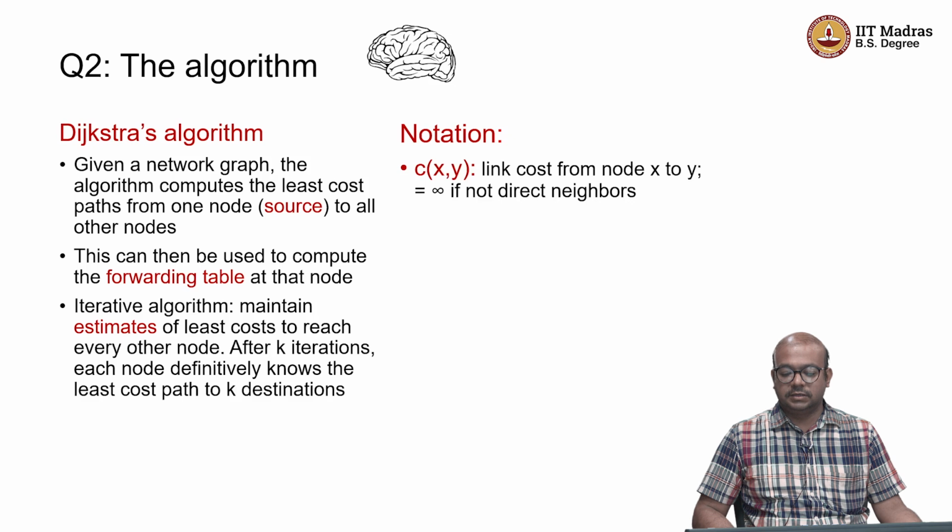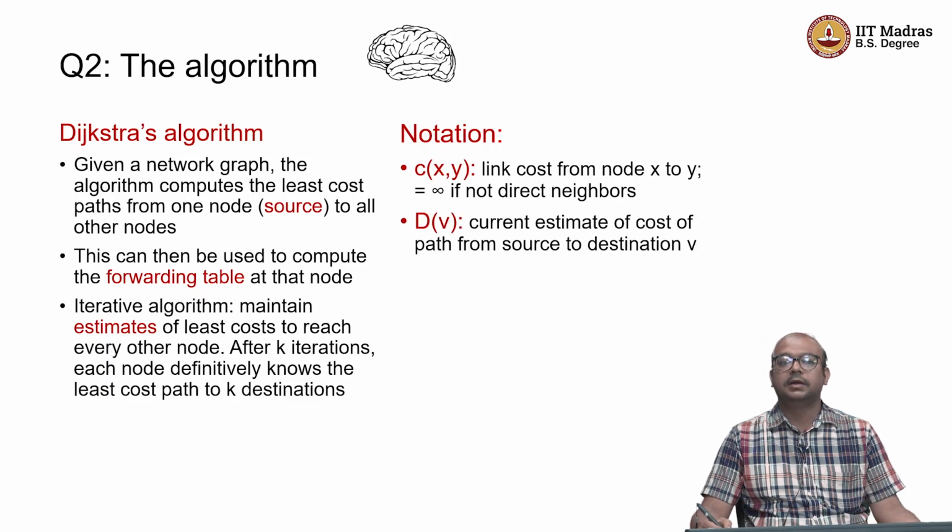So, the first notation is this concept of cost, c(x, y), the link cost from node x to node y. If you do not have a direct link connecting these two nodes, you can annotate it using infinity if they are not direct neighbors. So, the edge does not exist between x and y.